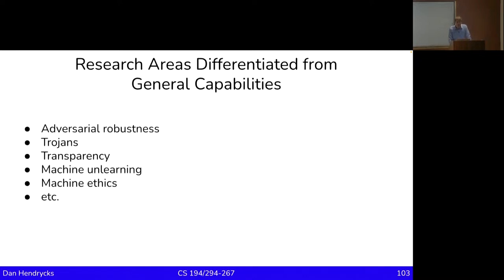Fortunately, there are some areas where there is not necessarily a strong correlation between general capabilities and method development in that space. For instance, adversarial robustness: if you scale up the models to be bigger and bigger, that improves their general capabilities. That does not make them more adversarially robust out of the box. You have to come up with specific methods that make them more adversarially robust. Likewise, if they have backdoors or Trojans, models aren't suddenly free of backdoors and Trojans as you scale them up.